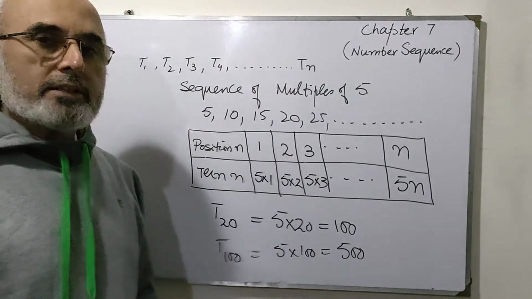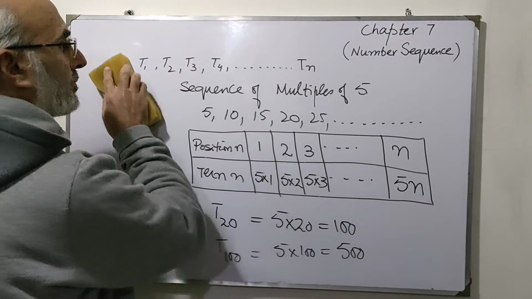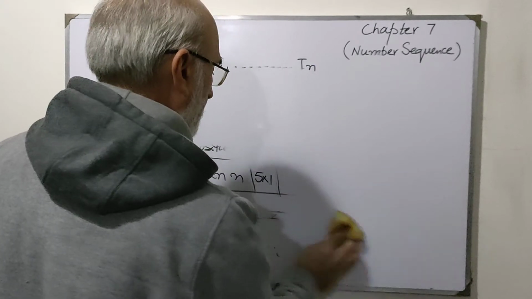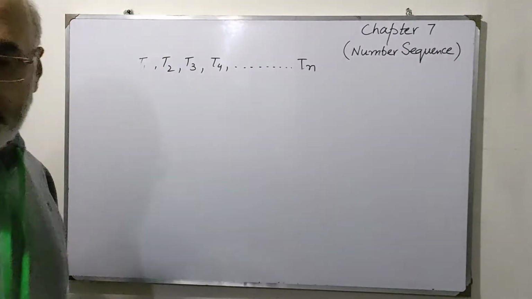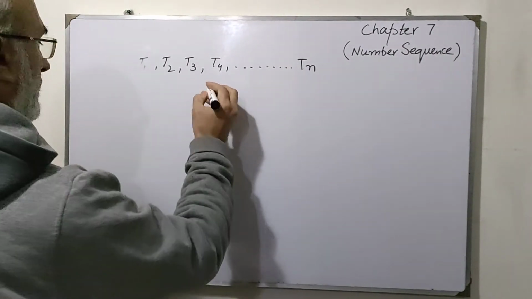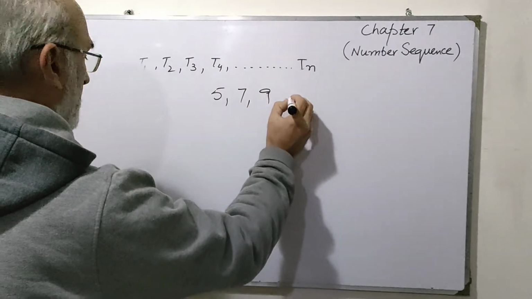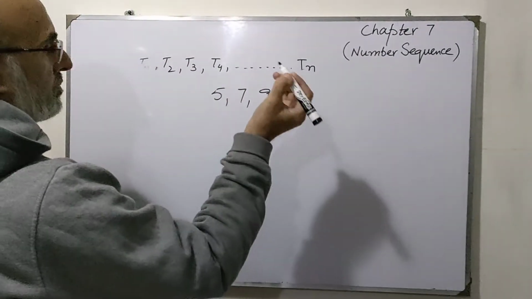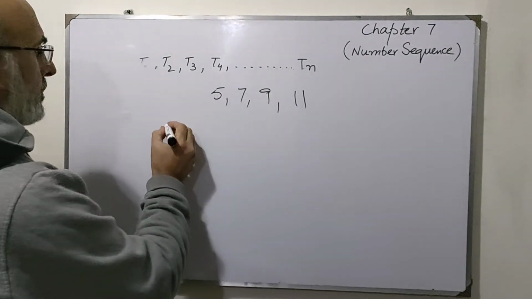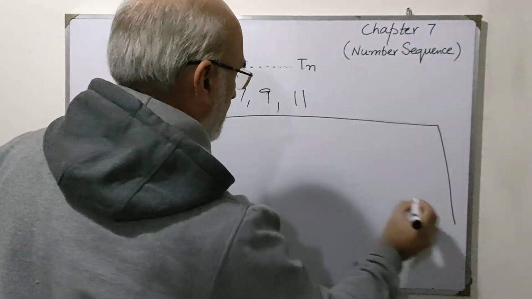So let's take another example and see how it is working out. 5, 7, 9, 11. So it's any sequence here, and we'll be doing the same way as in the previous example.